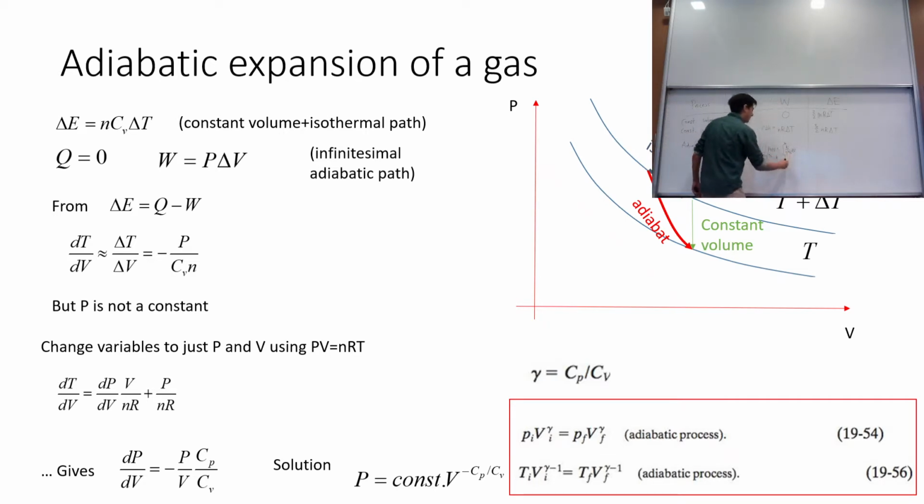The constant comes out, and when you integrate, you add 1 to the power, and divide by 1 minus Cp over Cv. Right? So you take the derivative of that, and you get back that relation.